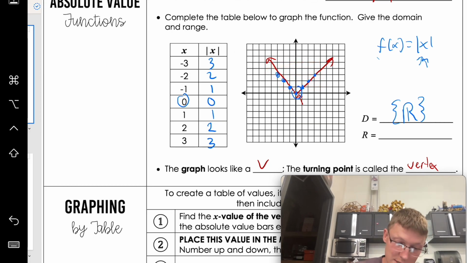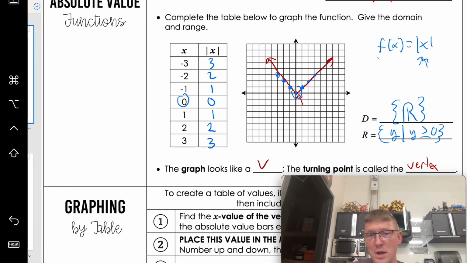It crosses twice even. Either way, our range is going to be y such that y is greater than or equal to 0. And that's generally how you graph an absolute value.